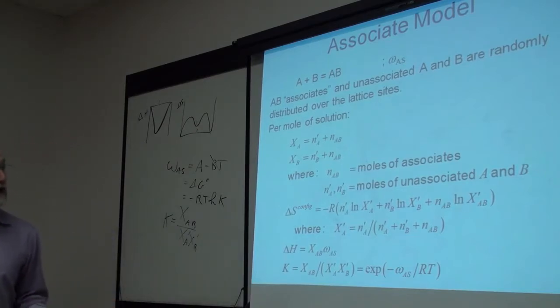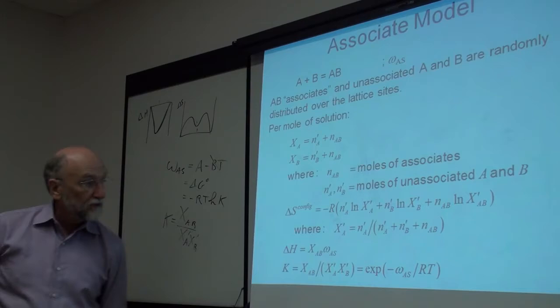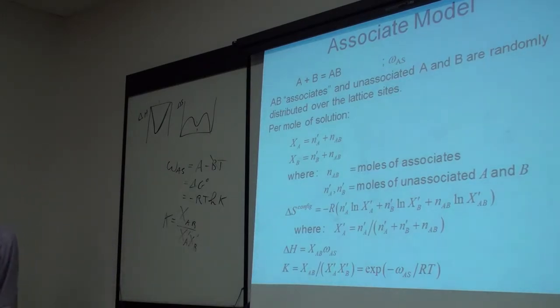You're treating the liquid or solid like a gas. You've got A's, B's, and AB's, which are randomly distributed. You have an energy of forming the AB's, which is the Gibbs energy of forming the AB's, minus RT log K. K gives you the ratio of the mole fractions, and it's a gas model.